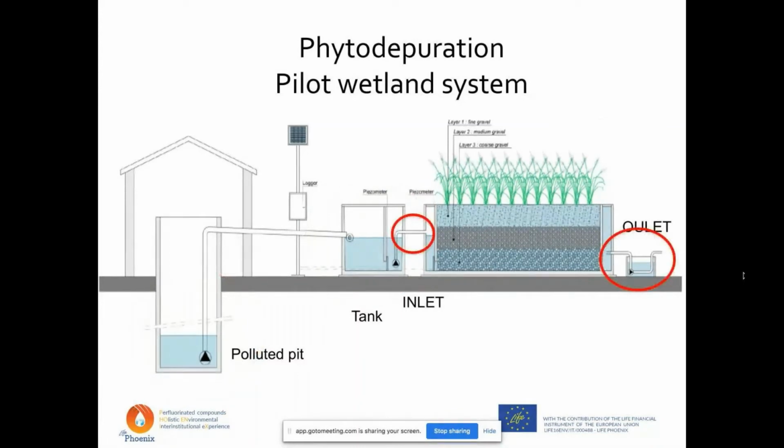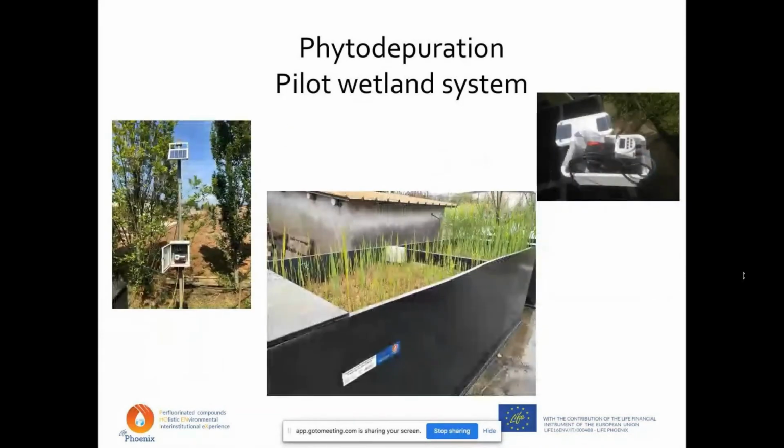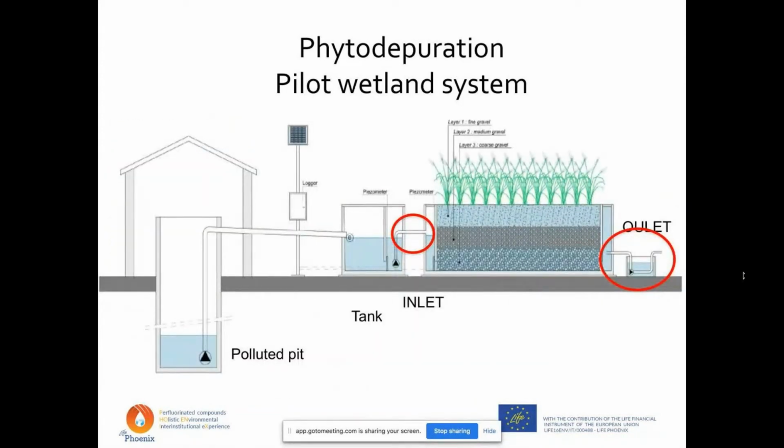Then, by a pumping system, a pump sends water directly into the water depuration system, and there is another pump that flows out to the outlet. All this system is automatic and remotely controlled by different kinds of sensors.